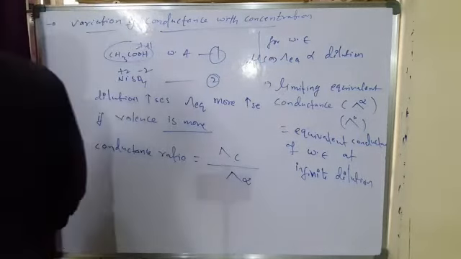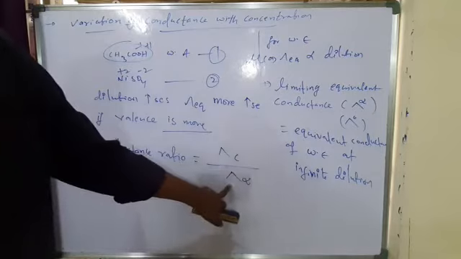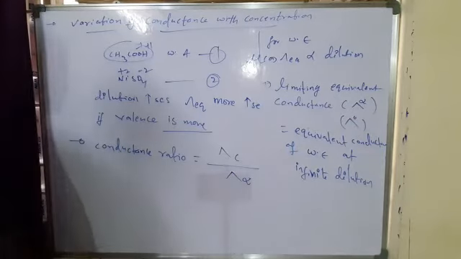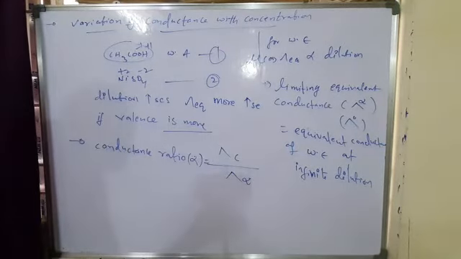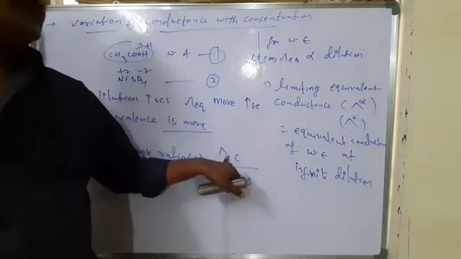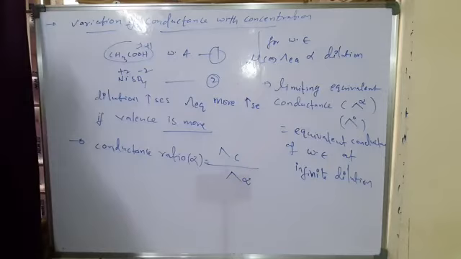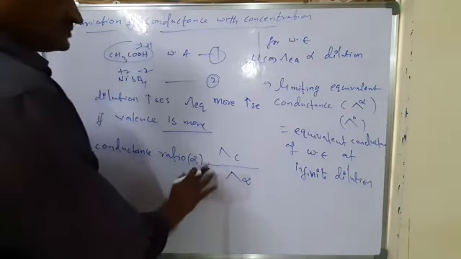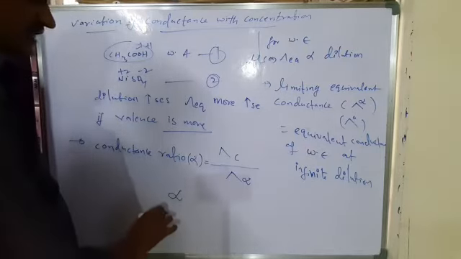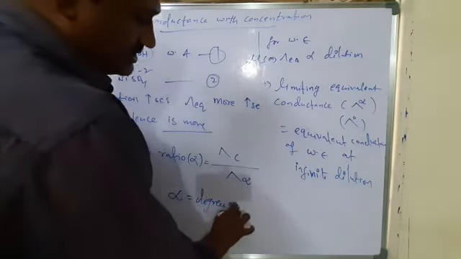So conductance ratio alpha equals conductance at concentration C to conductance at infinite dilution. This is also called the degree of ionization.